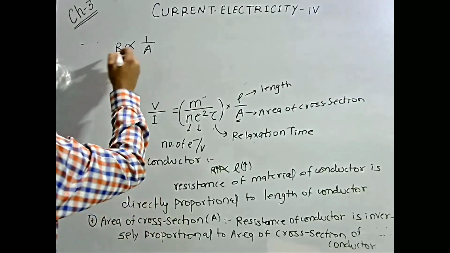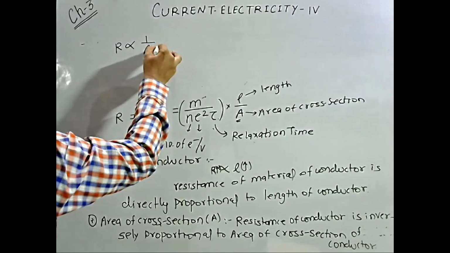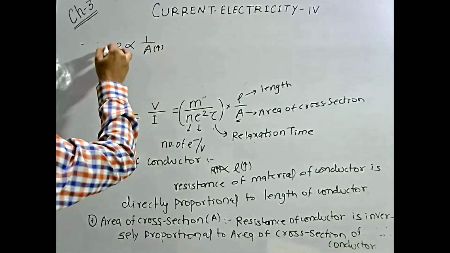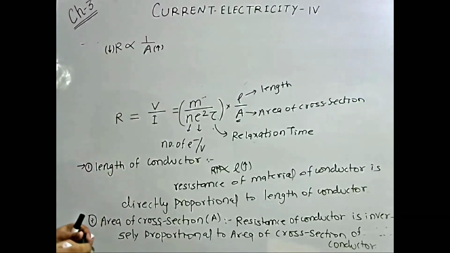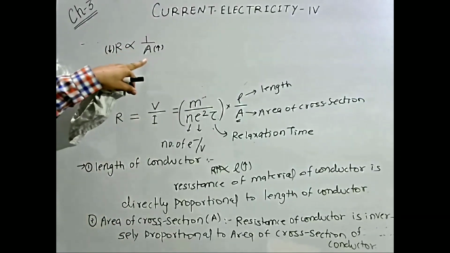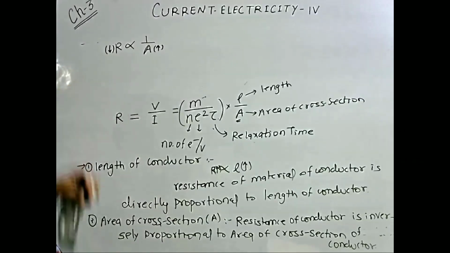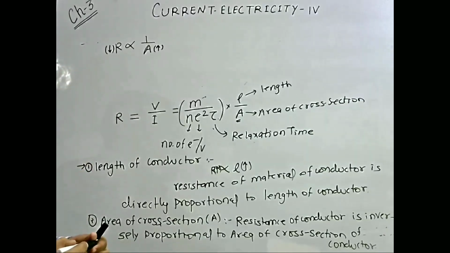If area of cross section increases, then resistance decreases and vice versa. It means resistance of thick wire is less as compared to thin wire.